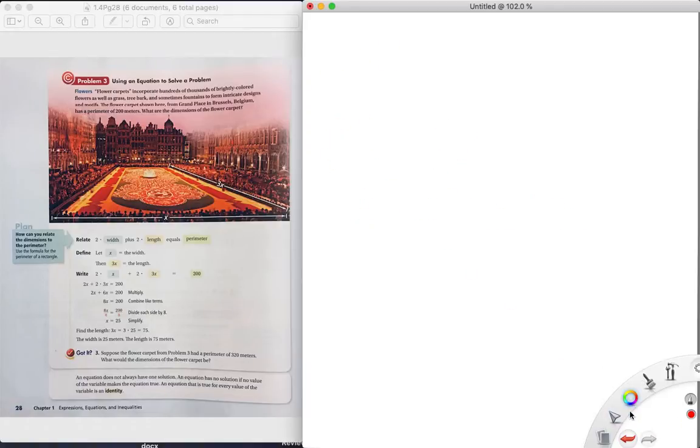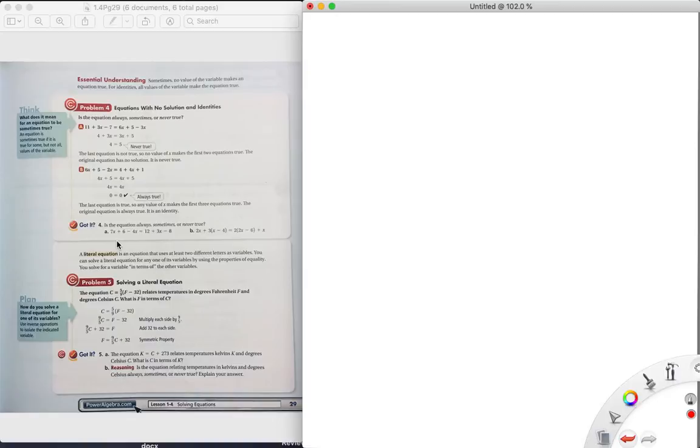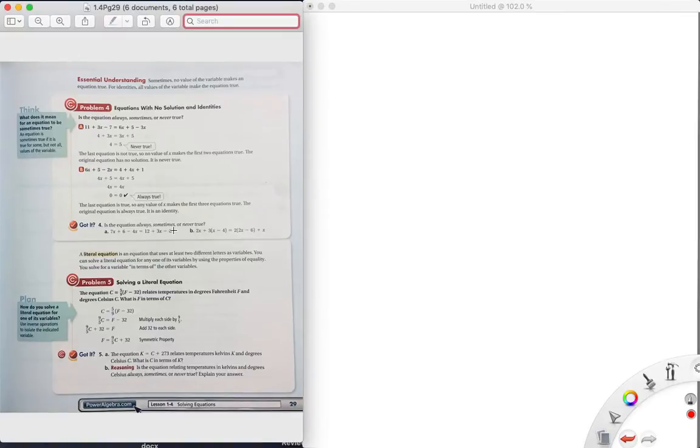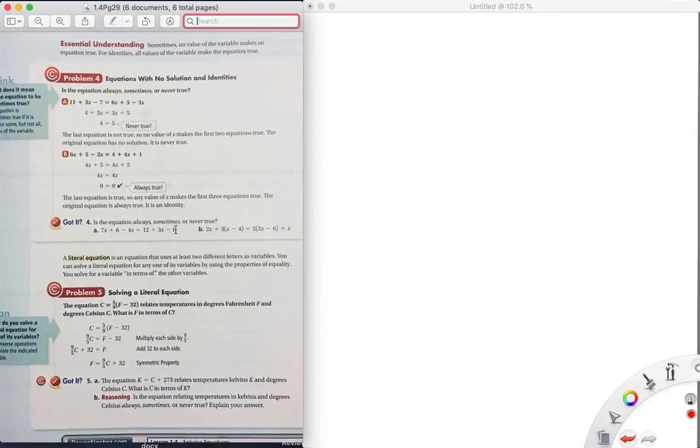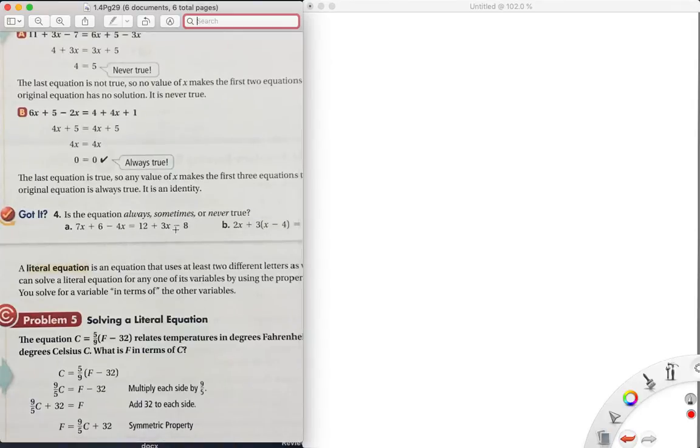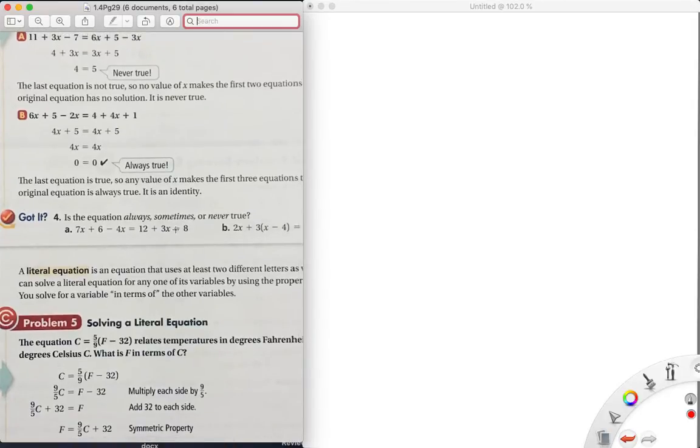So what does that look like? Here's an example. They ask if the equation is always, sometimes, or never true. Let's look at it.